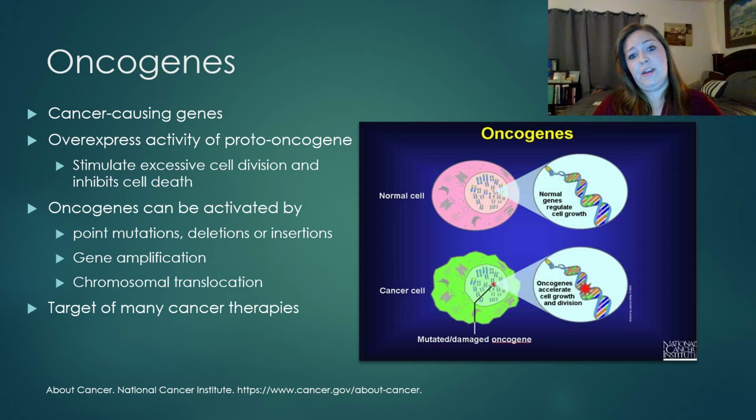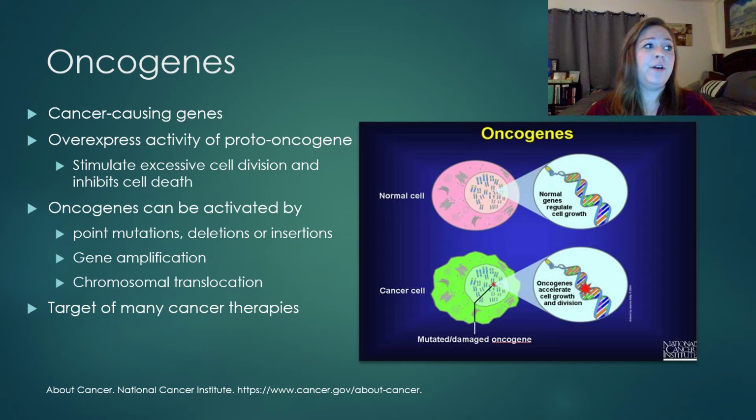There are several different ways in which oncogenes can be activated: point mutations, deletions, insertions, gene amplification, and chromosomal translocation.